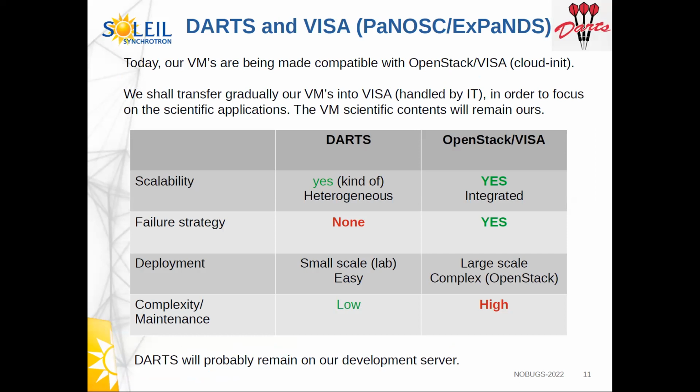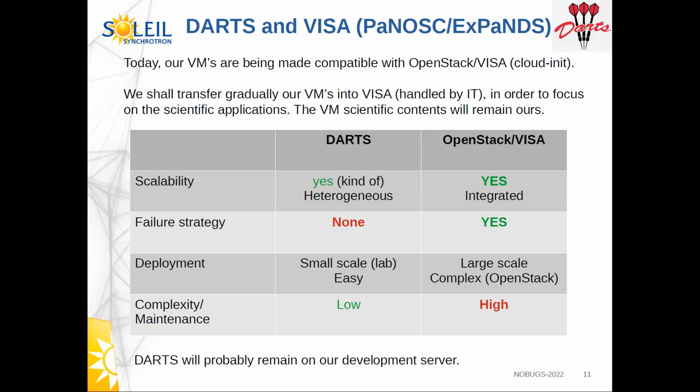And if you look at Visa, it's built to be deployed on large infrastructure to provide a lot of computing power. This is not the case for DARTS. DARTS is a small scale solution which deploys in a few minutes. And this way you have an infrastructure for computing, you provide that in a few minutes to everybody, and you provide environments for the users.